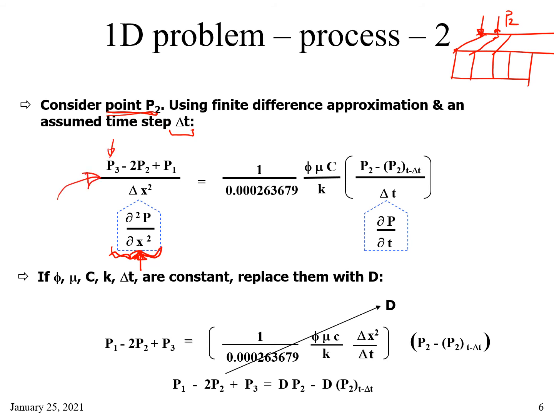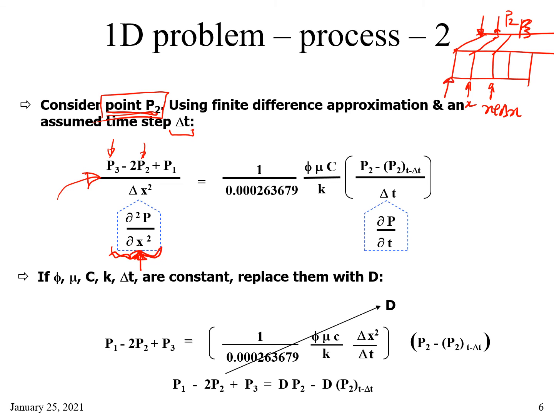x plus 1, which is 3, because x is at P2, right? We're at point P2. So this is x, point P2. This is x plus delta x, which will be point P3, right?